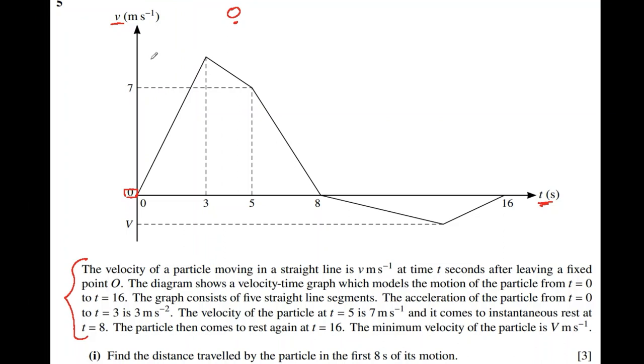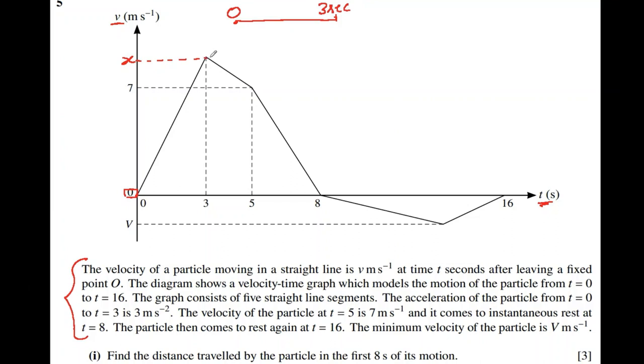Its velocity is increasing till this level, but the straight line denotes that it is a constant acceleration, and we don't know this value. Let's call this value x. Okay, so let's visualize this. It is going away from O, and after 3 seconds its speed is very fast.